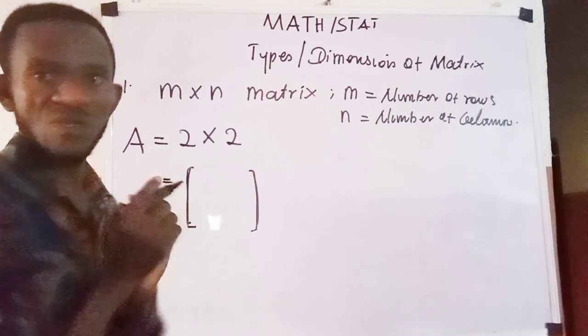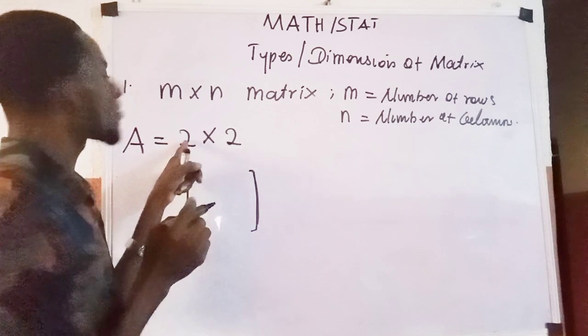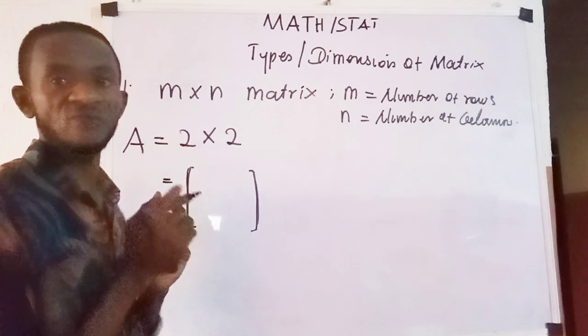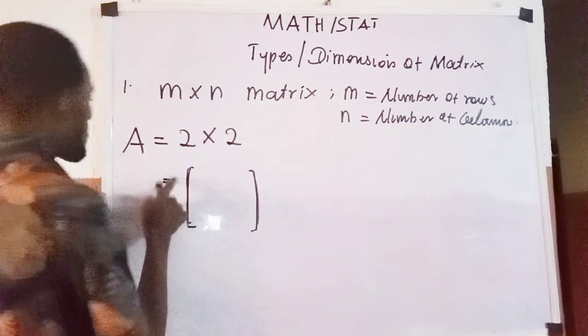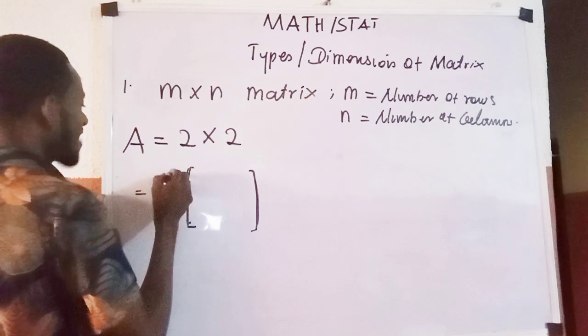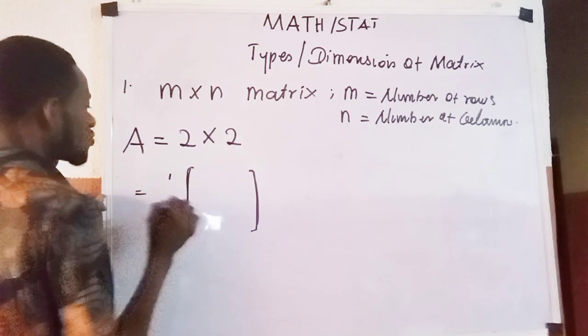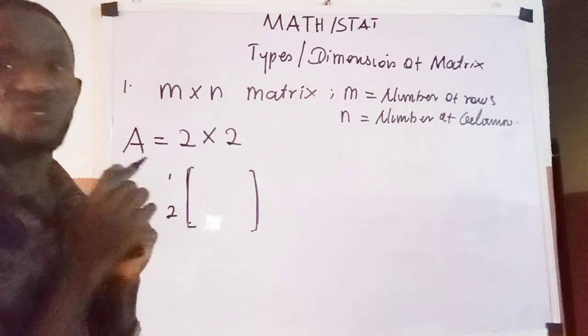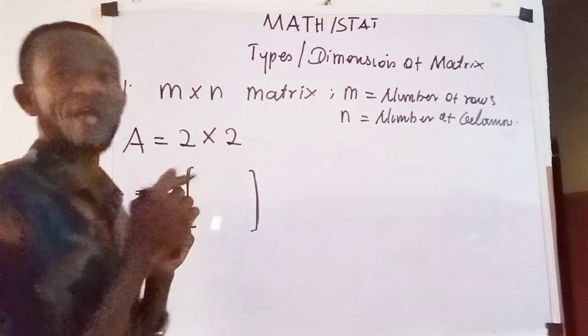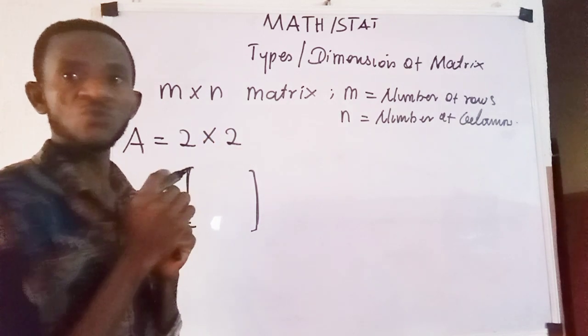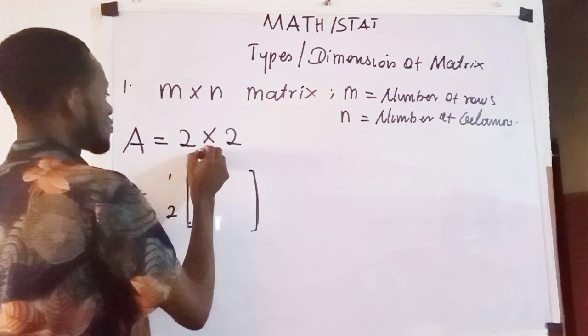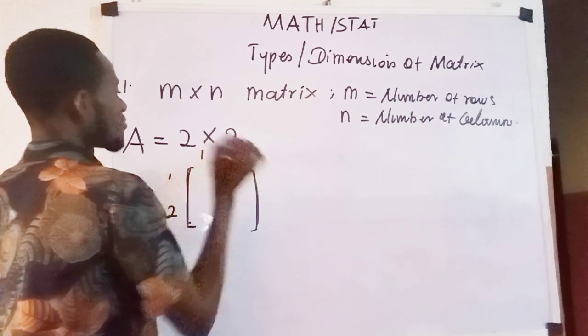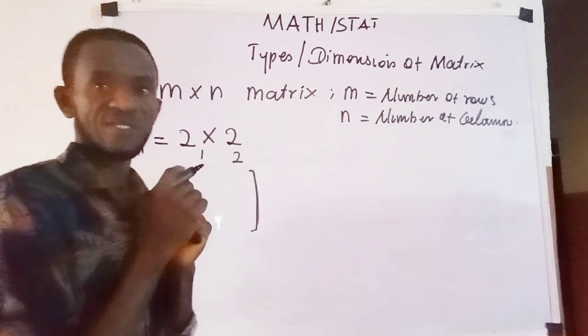How many rows do we have? We have 2 rows. Come by the side and write 1 and 2, because there are 2 rows. How many columns do we have? We have 2 columns. Represent it as 1 and 2.